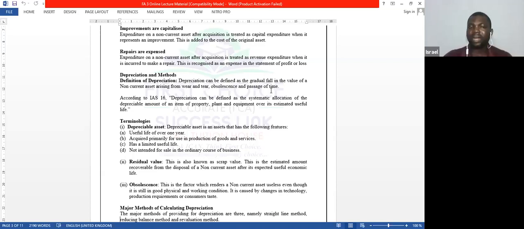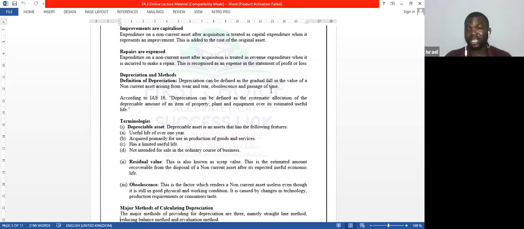Though you might be aware that some people say land is depreciable. It's not expected to be depreciated, because land appreciates. You purchase land now, and over time it appreciates.